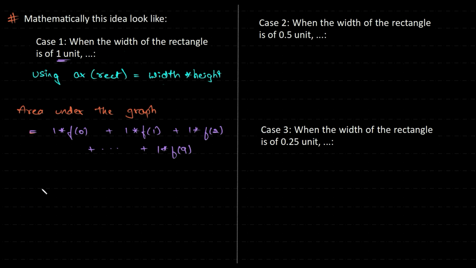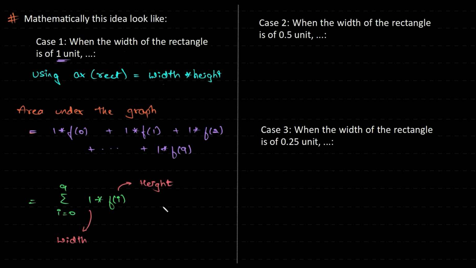You guys agree? So can I write this as sum of i from 0 to 9. So we have 1 into f of i. Can I write it in this manner? Agree? So this is a sum of this particular width, this particular height, varying from 0 to 9.